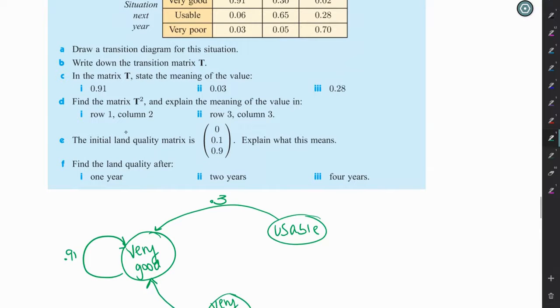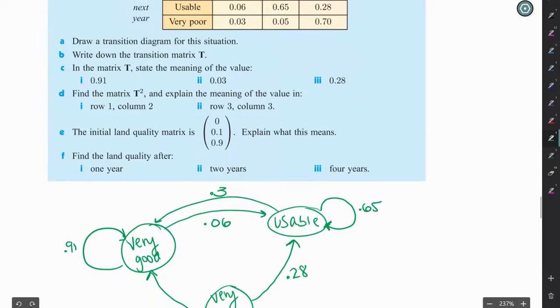If I'm very good this year, the probability that I go to usable next year is 0.06. The probability that I'm usable and stay usable is 0.65. The probability that I'm very poor this year and I become usable next year is 0.28.